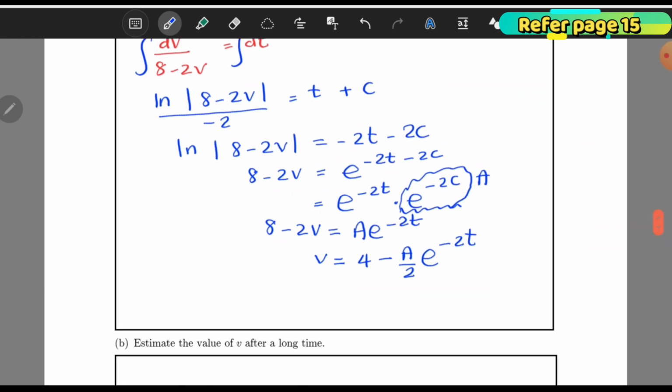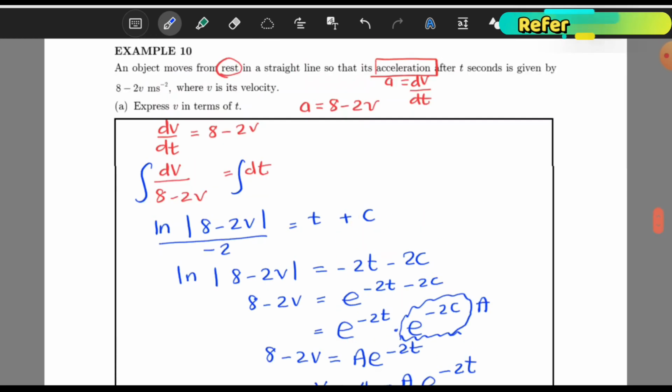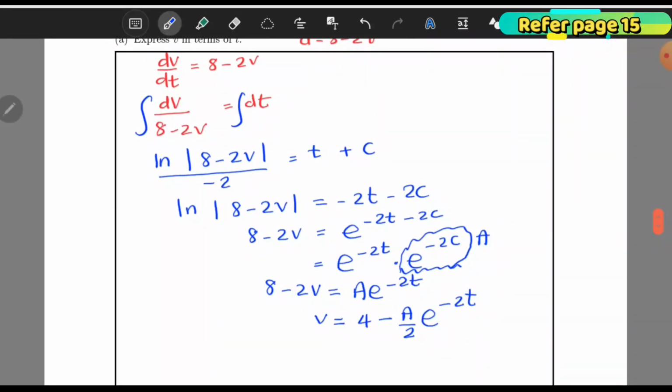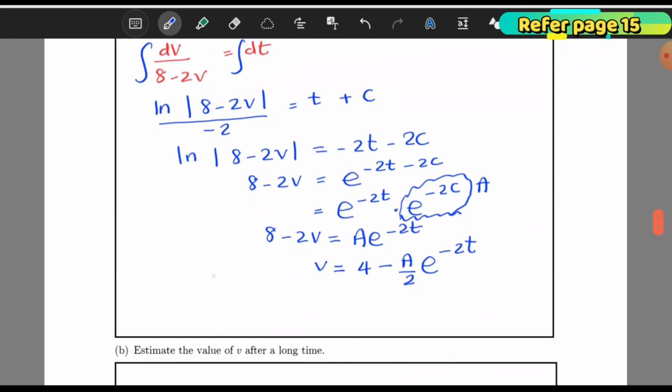Okay, back to the question. Given when t is 0, the word rest here, from rest, means that at first everything is 0. Acceleration 0, time 0, and velocity is also 0. So when t is 0, v is also 0. So we substitute into the equation. So we have 0 is 4 minus A over 2 times e to the 0.